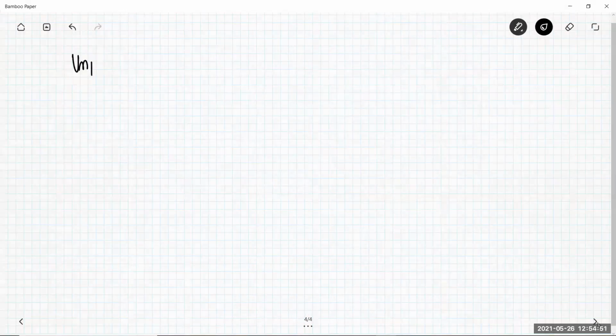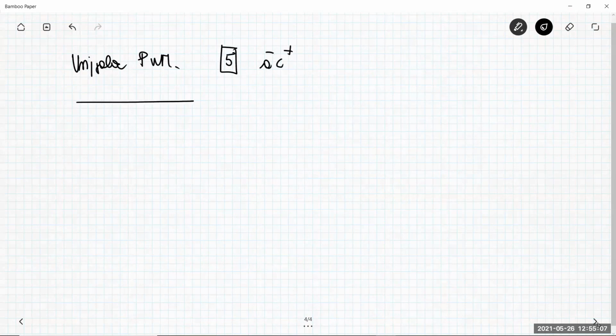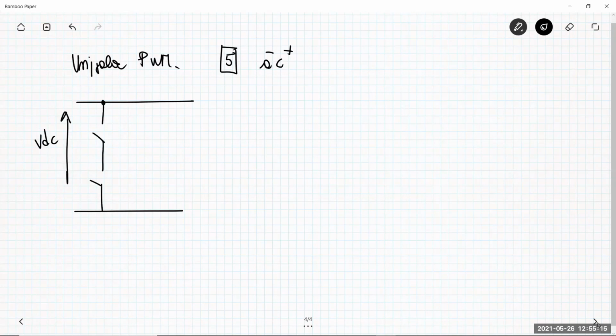In the unipolar pulse width modulation, supposing that we have the same phase as before, the phase C, which is A minus, C plus activated. We have VDC here. And then the phase B is not activated, is left open, so I'm not drawing it.